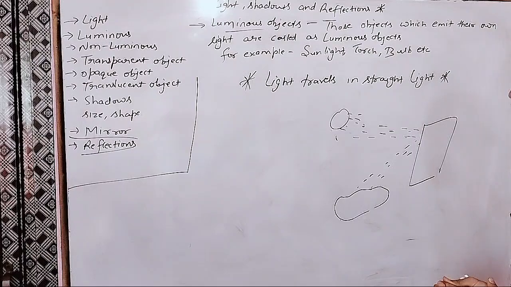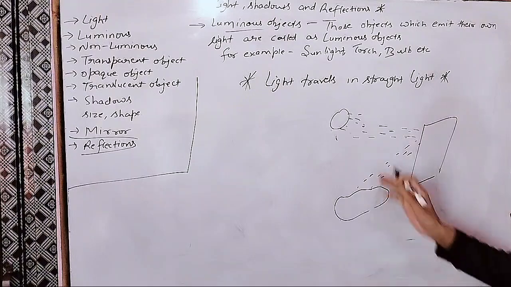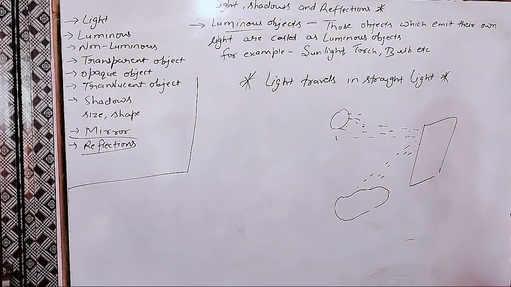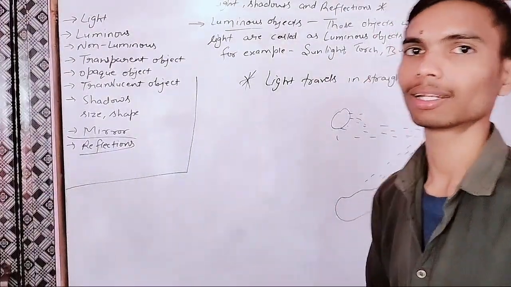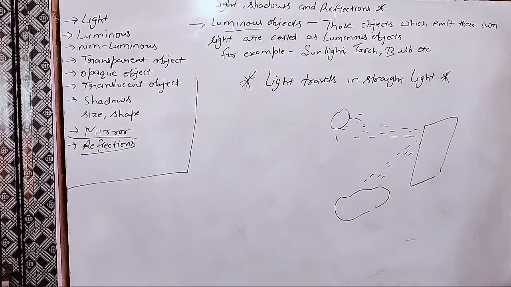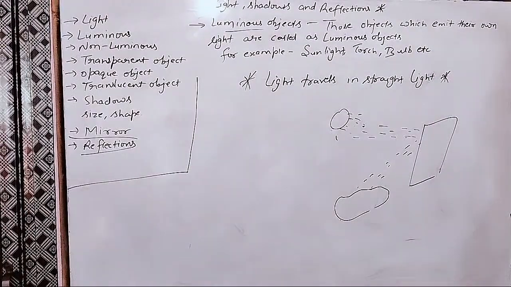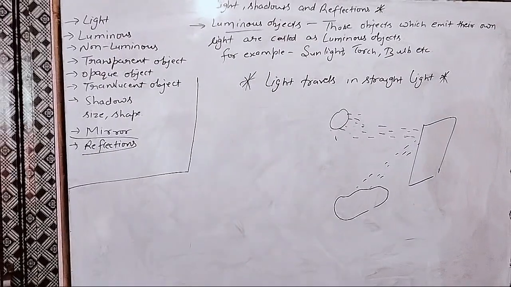So we have the word along. This is parallel. This light is coming along in a direction. Then it turns into another direction like this.